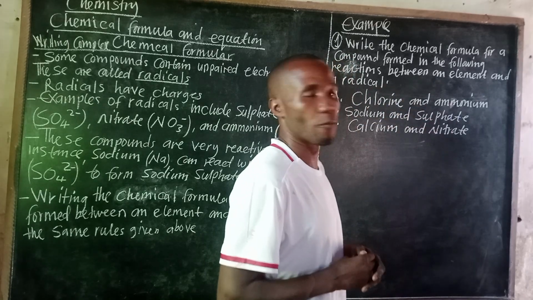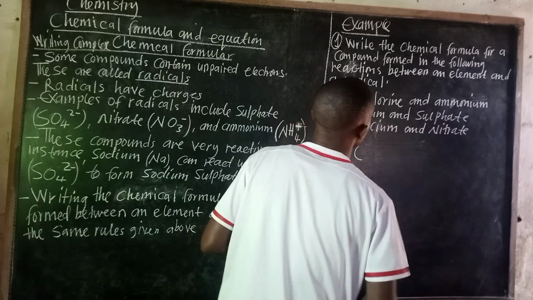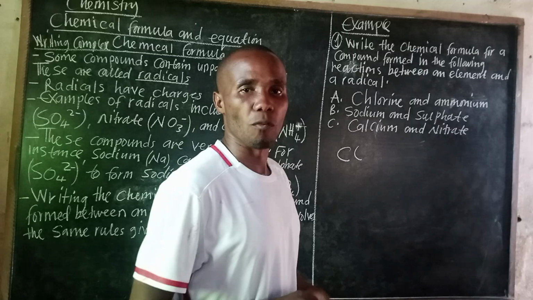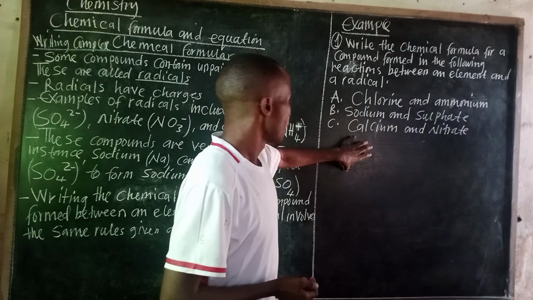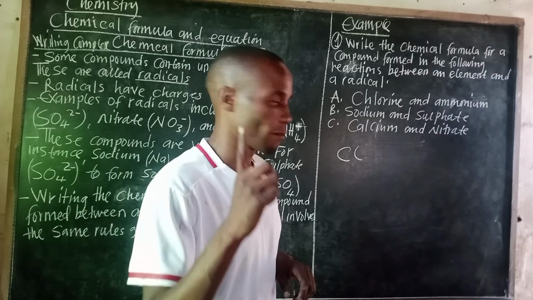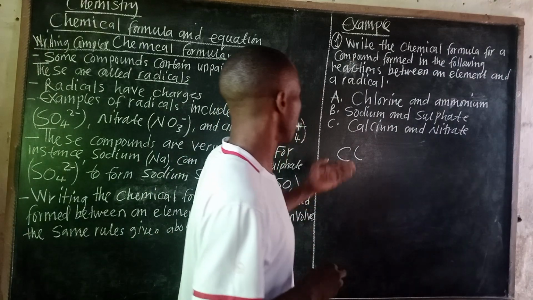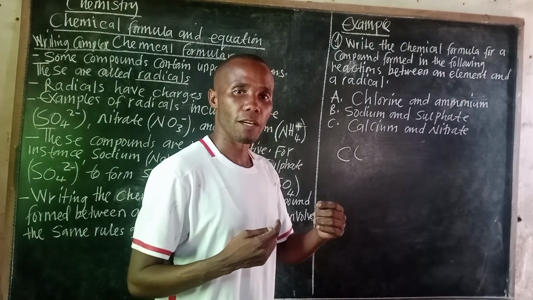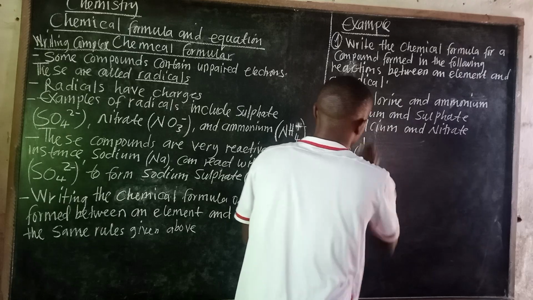Chlorine is found in group 7. Hence, the valence there is 1, because that is the electron it will gain from another element to be stable.